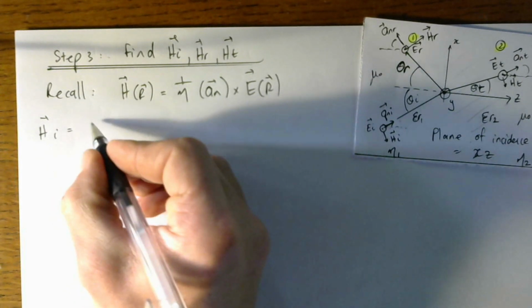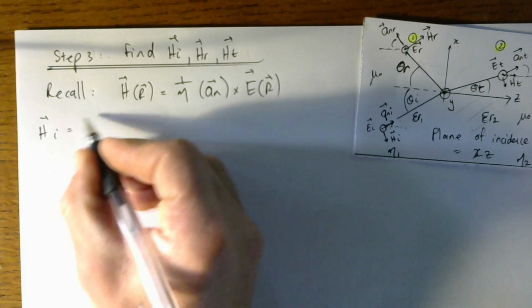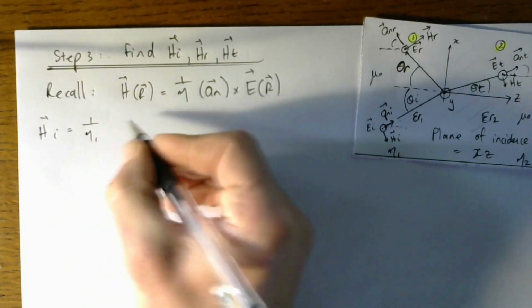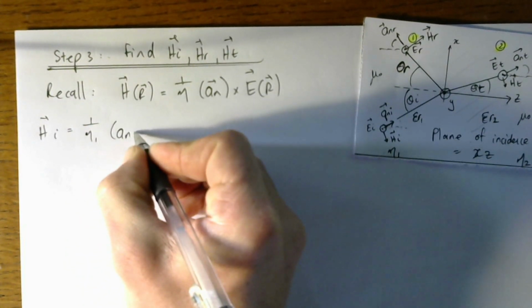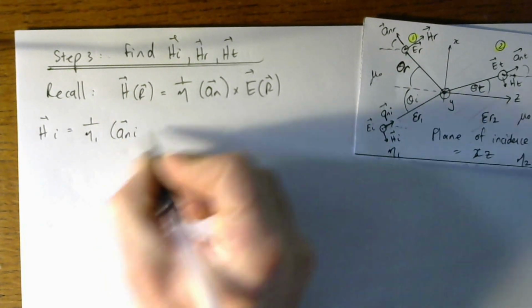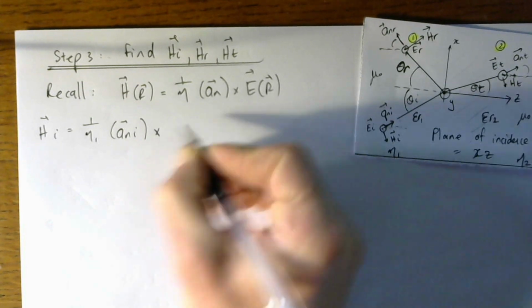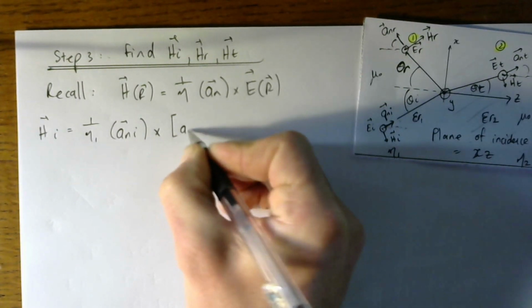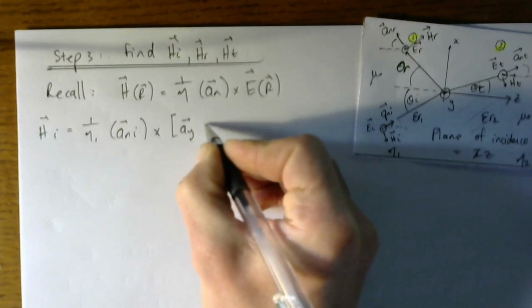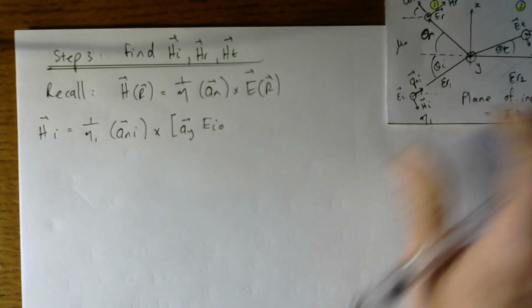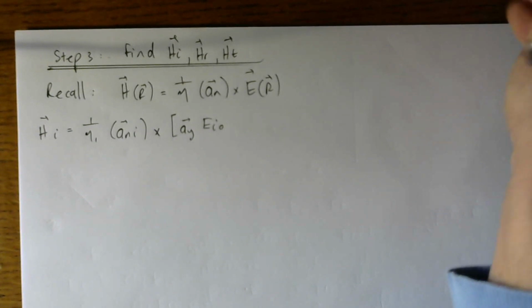So what I have is 1 over, let's write it out now. Obviously in the test you'll go a little bit faster. a_ni, that's my direction of propagation of my fields here, cross my electric field, which is a_y E_i0. I'll bring this back when we need it.